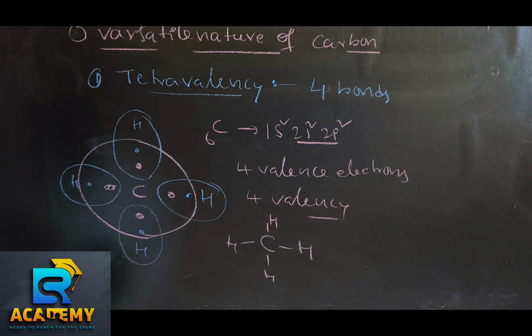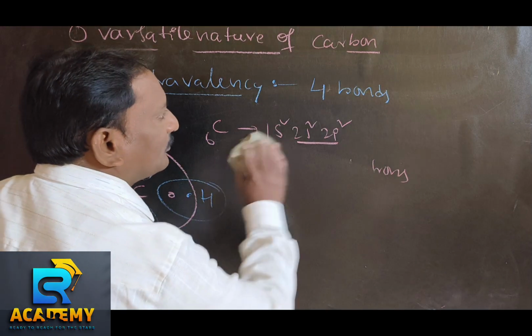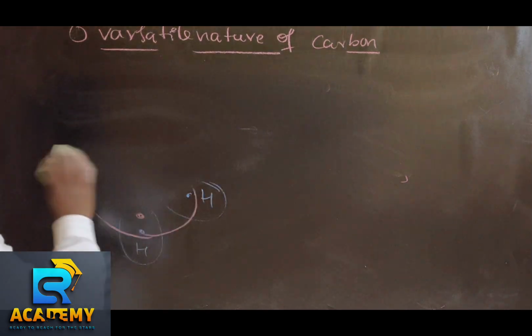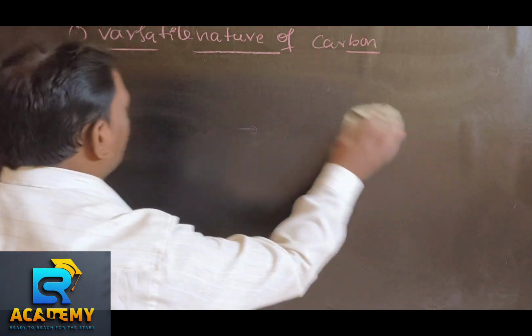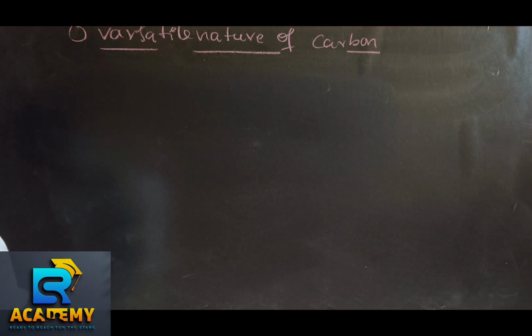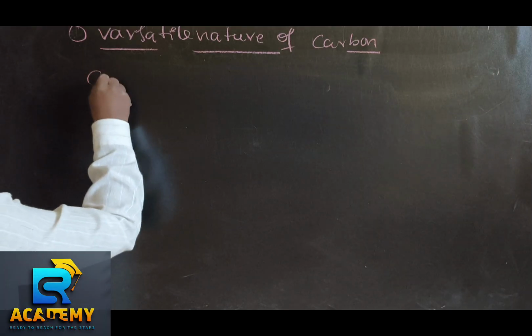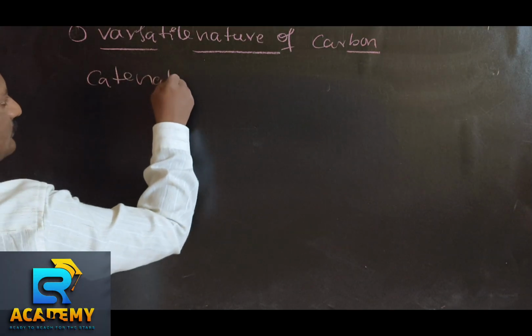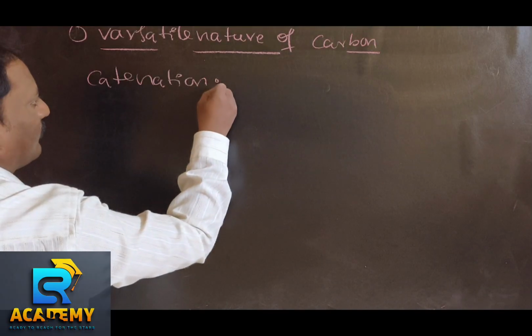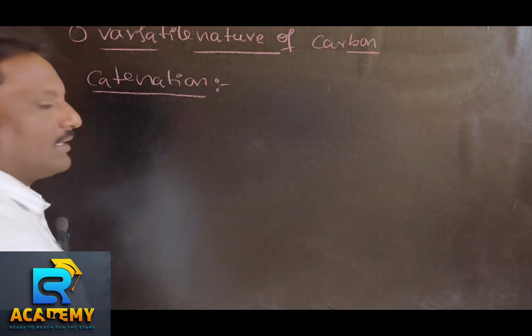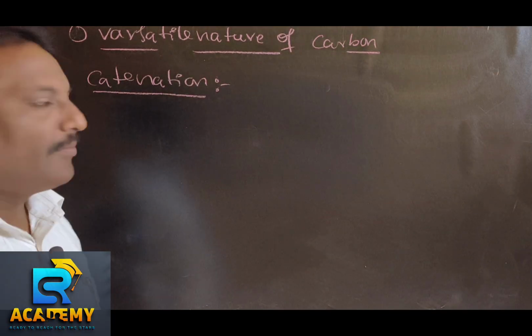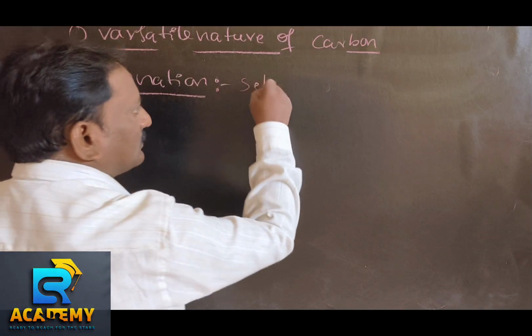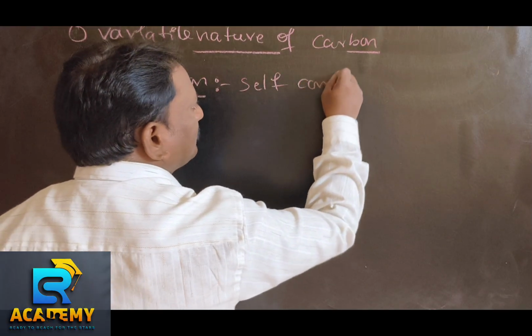Next, the second property is the catenation property. Catenation property means self combination.